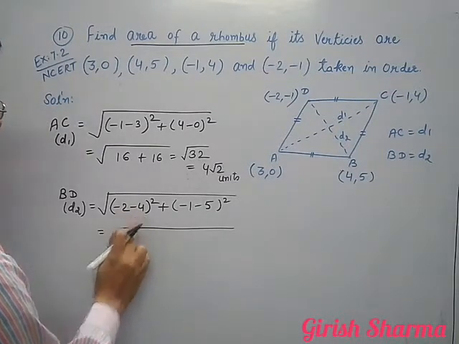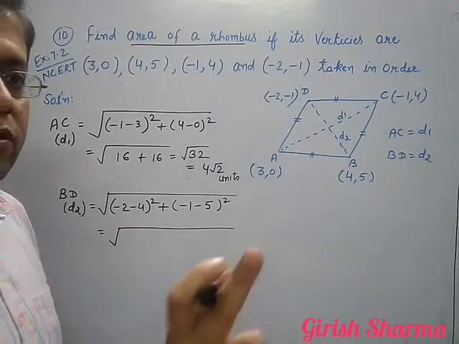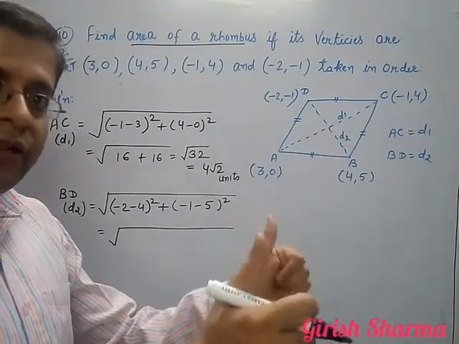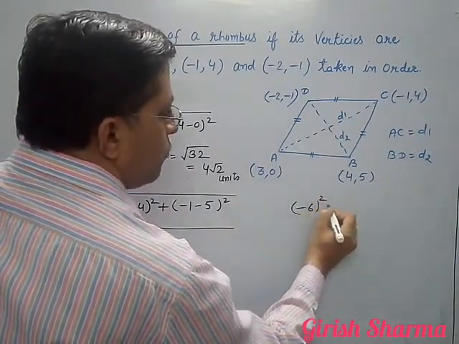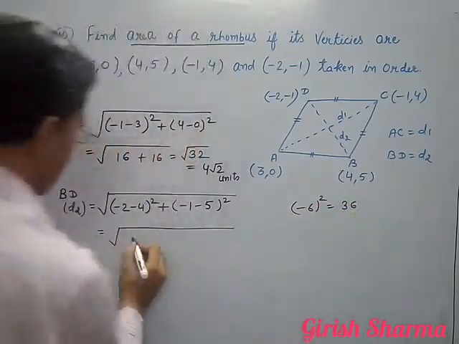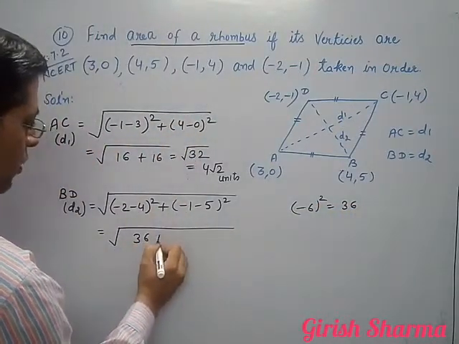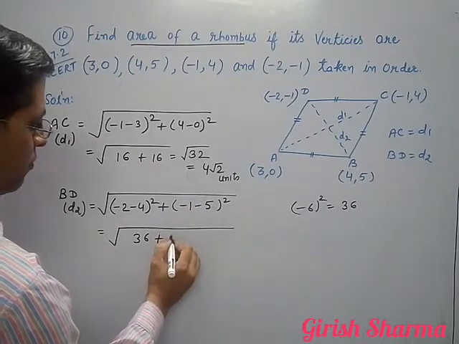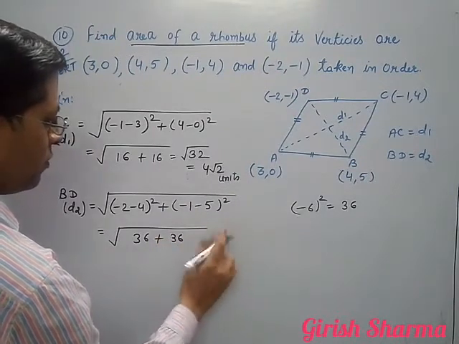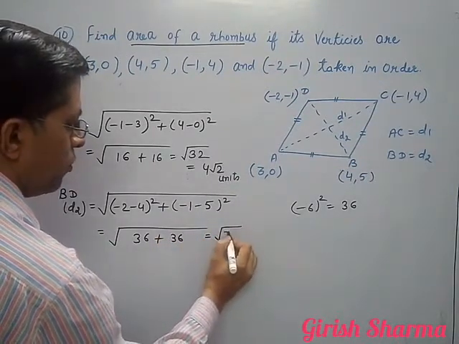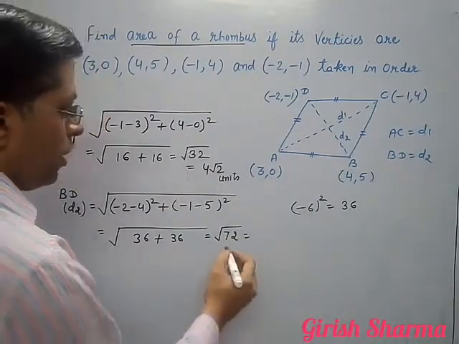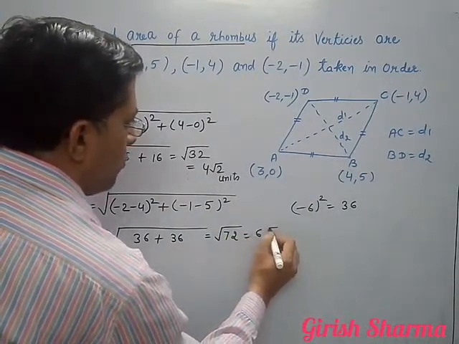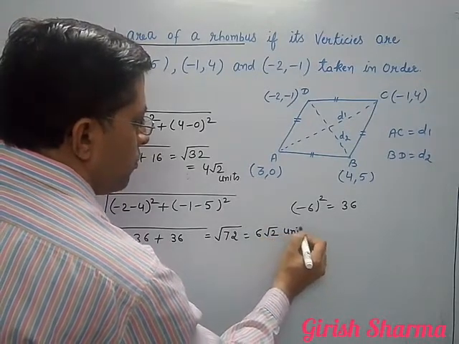Minus 2 and minus 4 is minus 6. Minus 6 square is 36. Plus again minus 6, this will be 36. Then this will be under root 72. 36 times 2 is 72. So I can write 6 root 2 units.